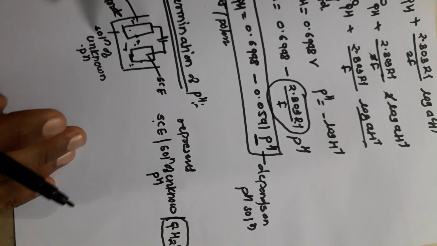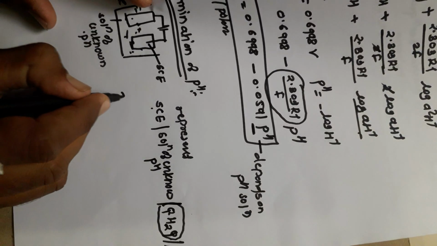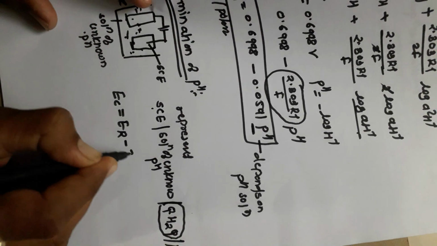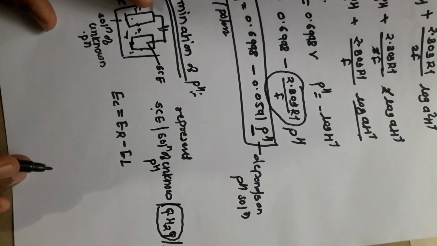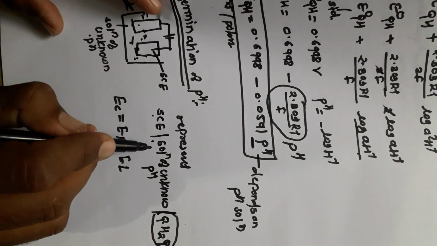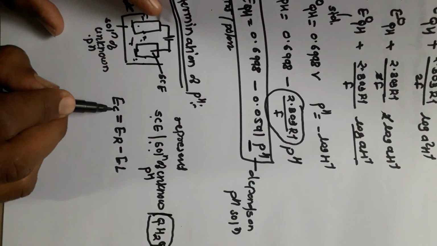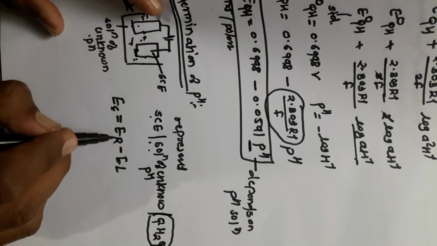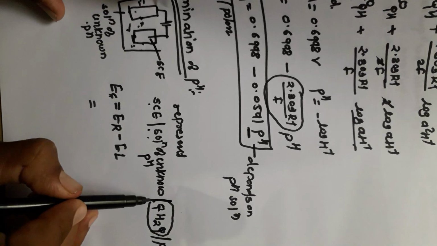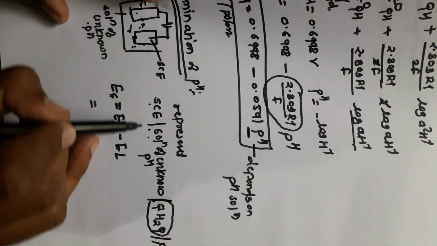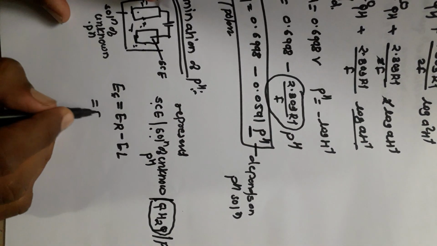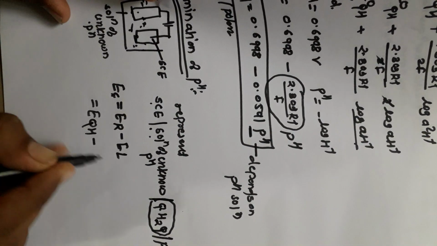Then how to calculate the cell potential? See, E cell is equal to E right minus E left. E right is the quinhydrone electrode, on the right side. That's why E quinhydrone electrode minus E left.